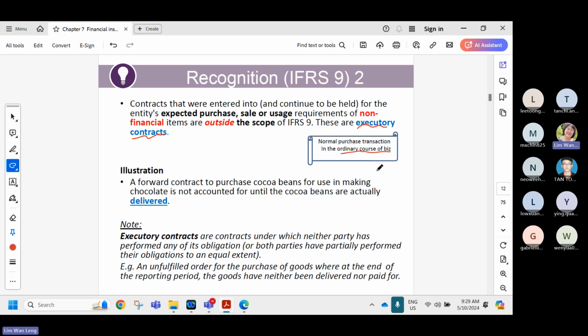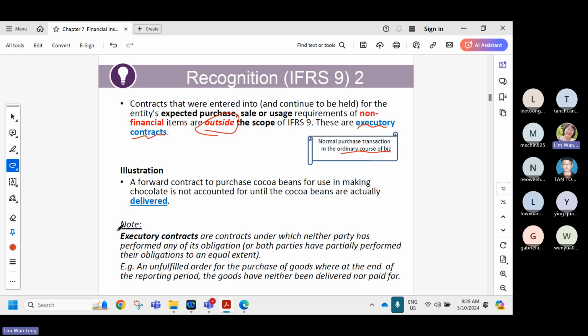And because of that, they are outside the scope of IFRS 9. So they tell you, contracts that are entered into for the entity's expected purchase, sale, or usage requirements of non-financial items are outside. So these are executory contracts.